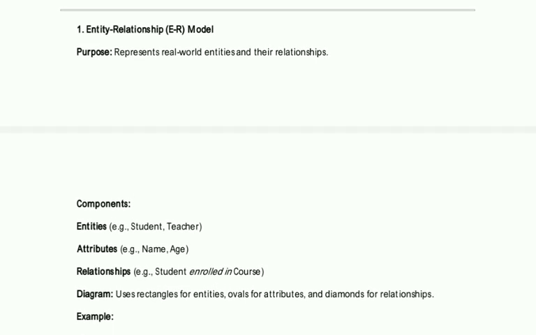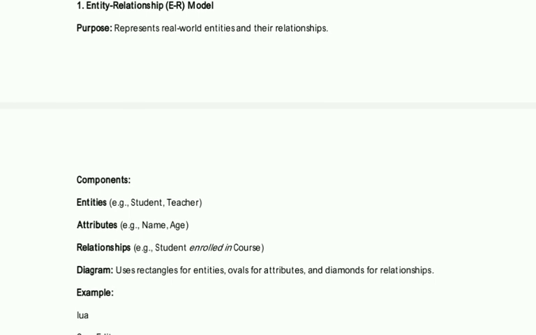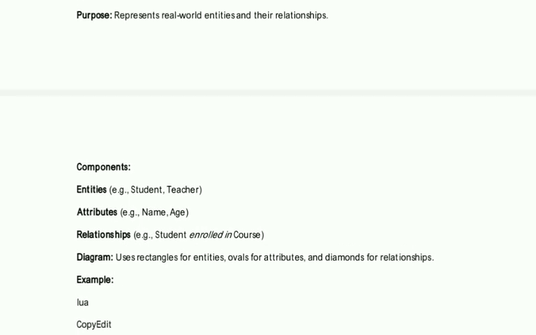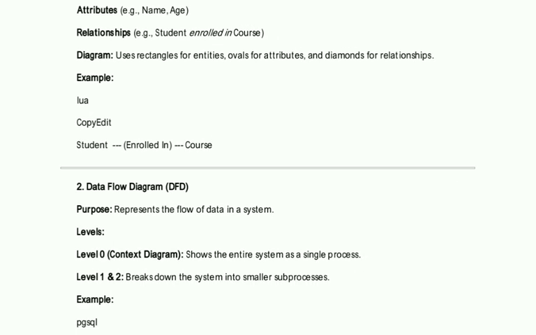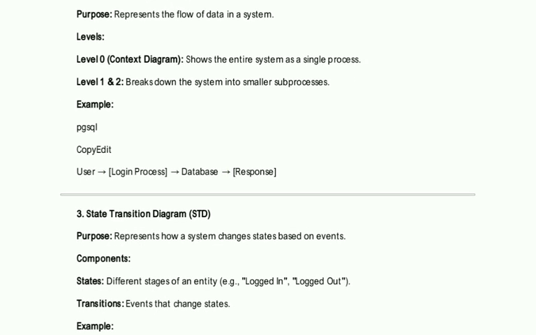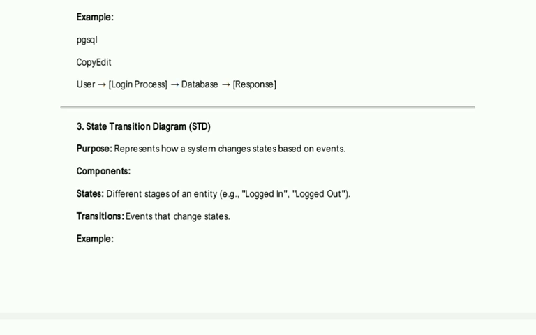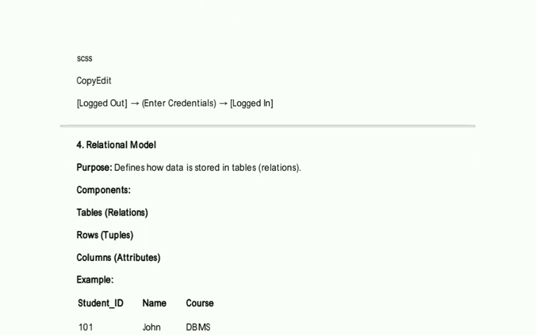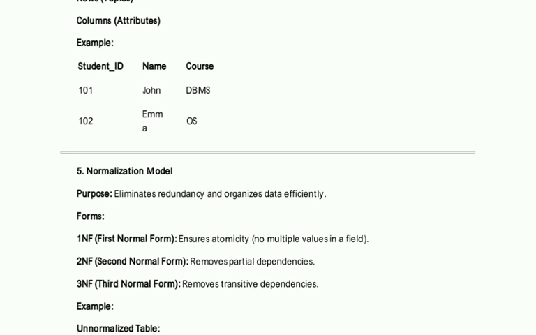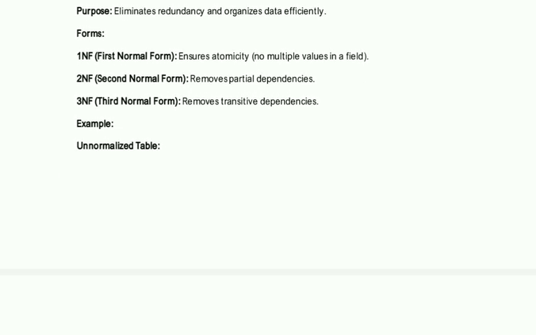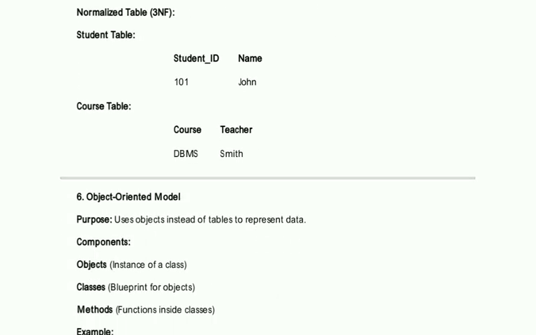There are different types of analysis models, that is the ER model, which represents real world entities and relationships, data flow diagrams that represent the flow of data in a system, and state transition diagrams that represent how a system changes based on events. The relational model defines how data is stored in tables, the normalization model eliminates redundancy and organizes data efficiently, and there is the object-oriented model.